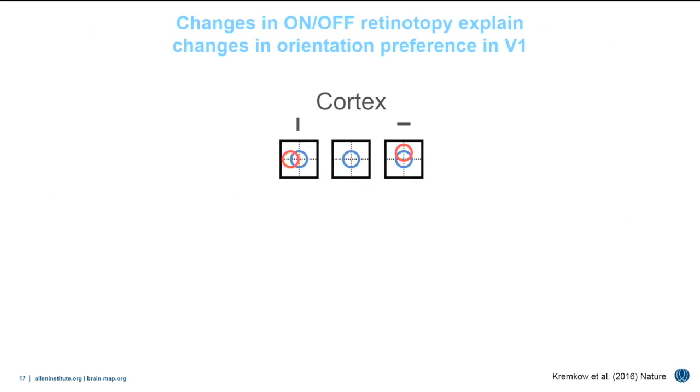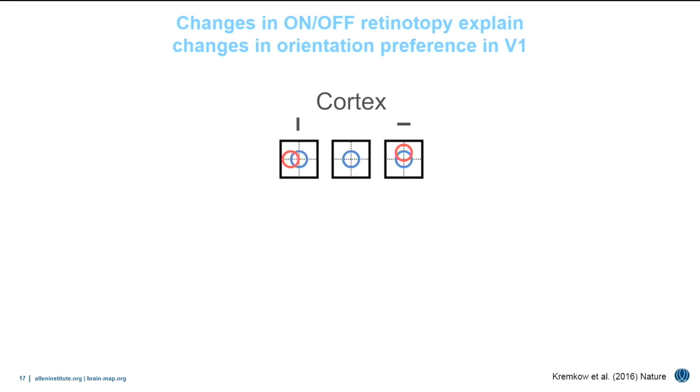Okay, let me summarize the first part. I hope that I convinced you that the way ON and OFF is organized in cortex is fundamental for the orientation preference organization. This little cartoon shows this. These are supposed to be 3 recording sites, and the orientation change from one to the next is due to the way, in this particular case, the ON moves around and the OFF is more stable.